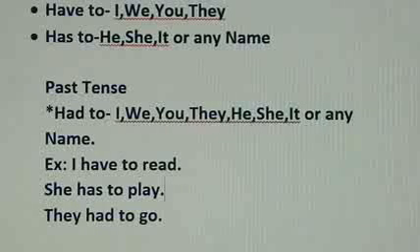Once you practice it, then you will come to know all these basics or fundamental rules. Then you can apply it, and once you apply it, definitely you will come to know how important it is for you. Okay? Thank you.